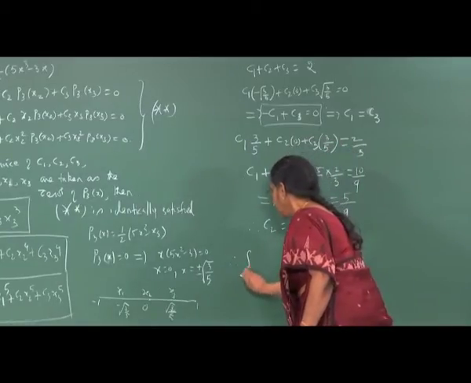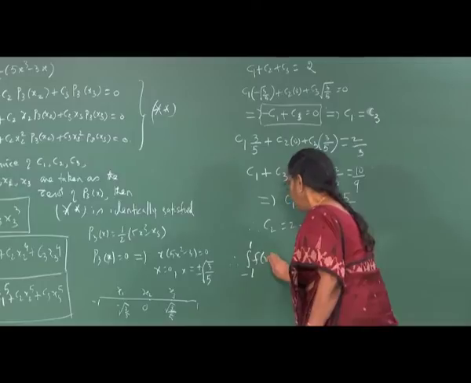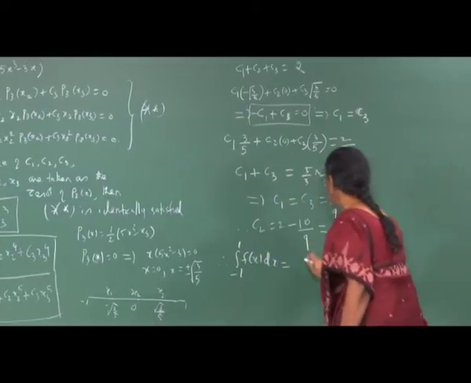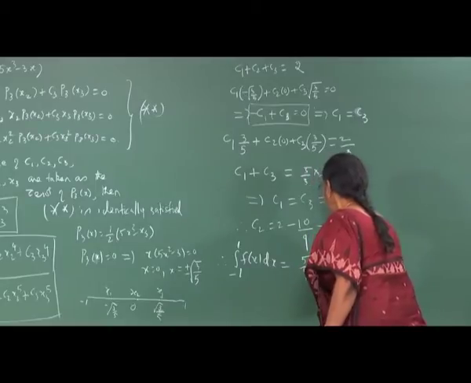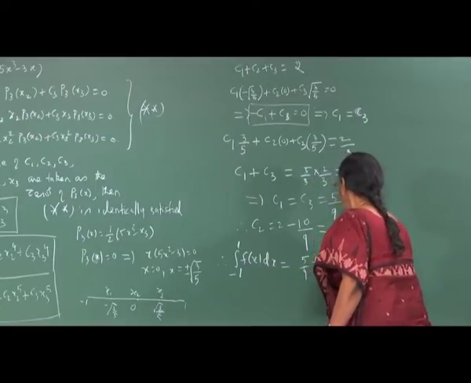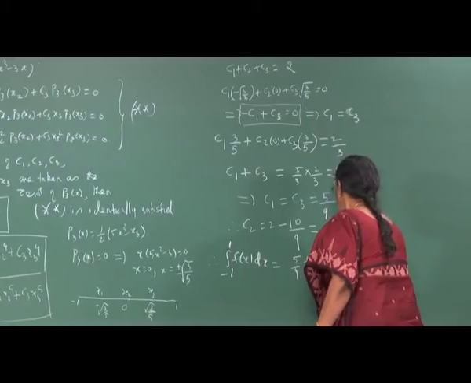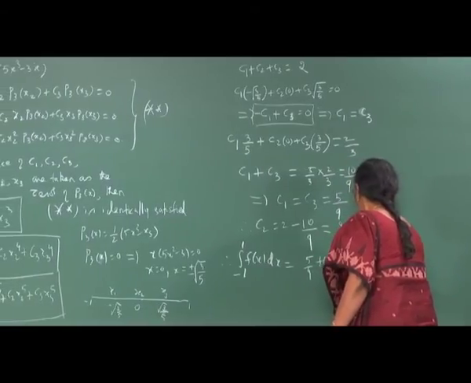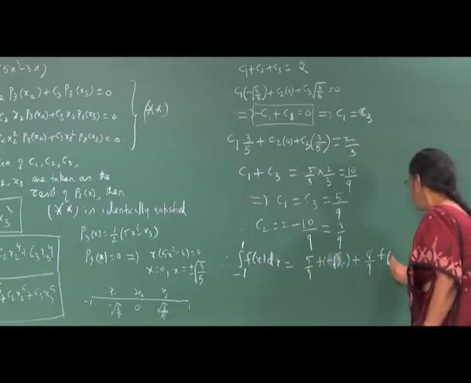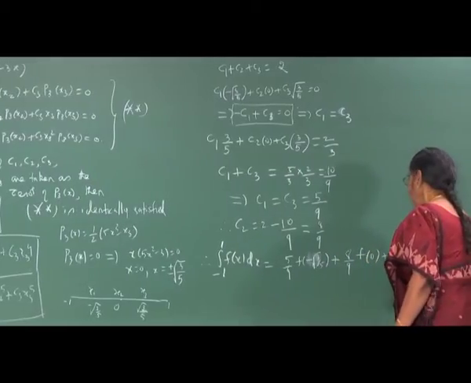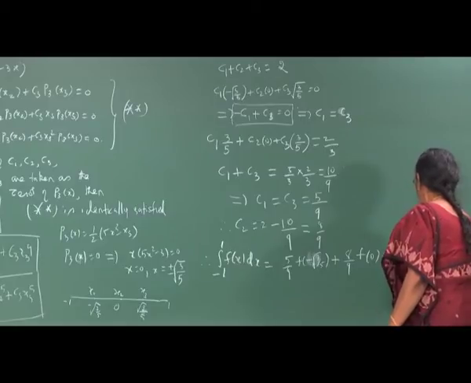So, this tells us that integral minus 1 to 1 f of x dx is equal to C1, which is 5 by 9, into f of x1. What is x1? x1 is minus root of 3 by 5. C2 is 8 by 9. What is x2? 0. And C3 is again 5 by 9, f of root of 3 by 5.